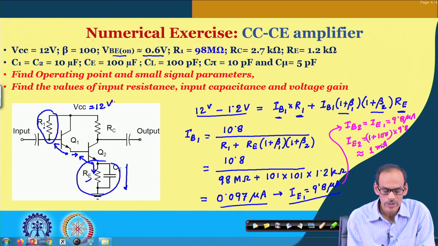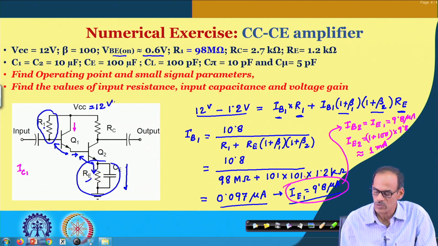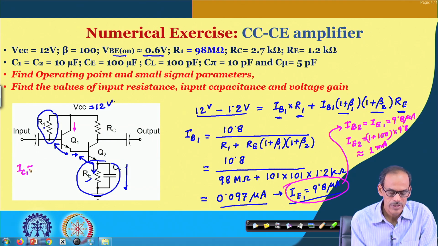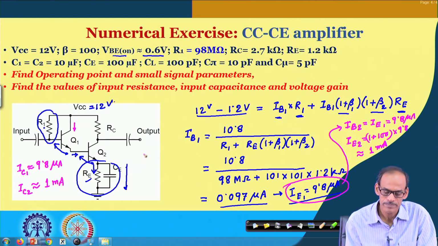So, now we have the collector current. We can say that IC1 is approximately equal to the same as this IE, so that is 9.8 microampere, and then we also have IC2. We can approximate this as 1 milliampere, and from that we do get R pi 1 and R pi 2.